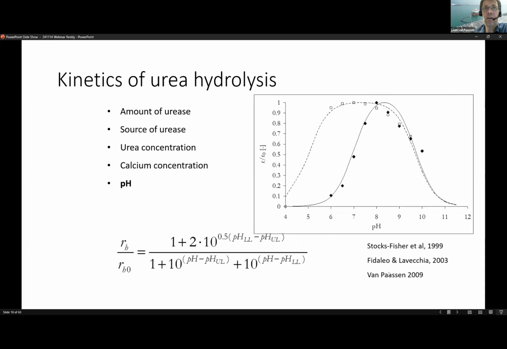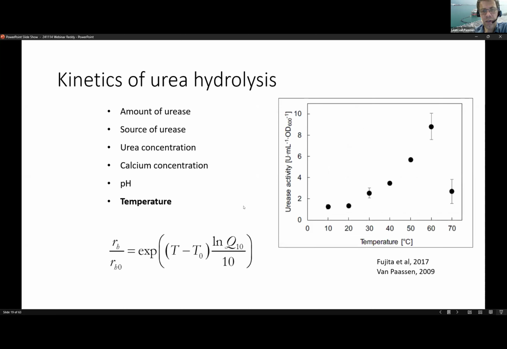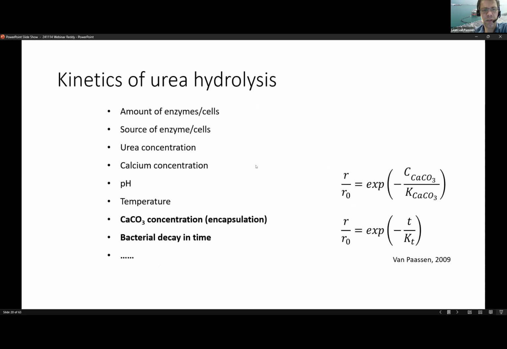And then, depending on the pH, luckily the process is a bit pH neutral, so typically the process happens at the maximum rate. But if you would operate under very acidic or very alkaline conditions, those conditions are not favorable for the hydrolysis process. Then temperature: if you increase temperature, the reaction goes faster, like many biological processes.